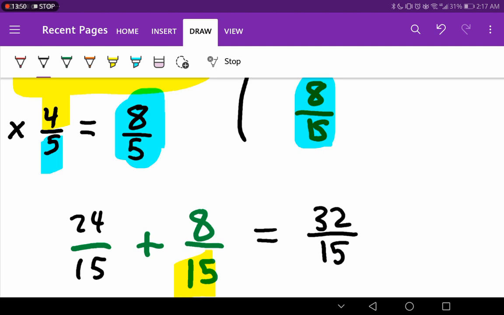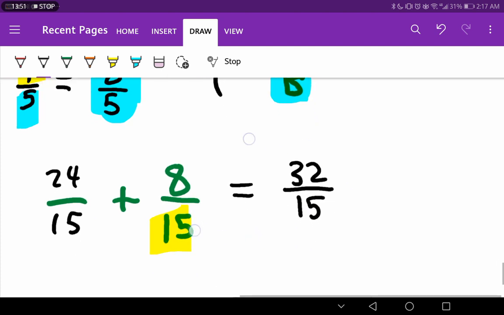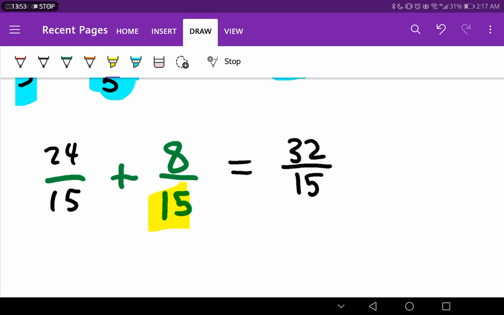Okay, my dear student, and you remember how we do this. How many 15 in 32? It is 2, and 15 here and 2 here, as we did before. So it is a different way but the same answer.